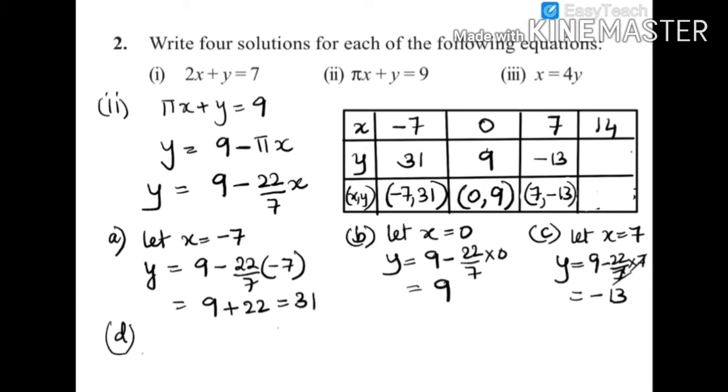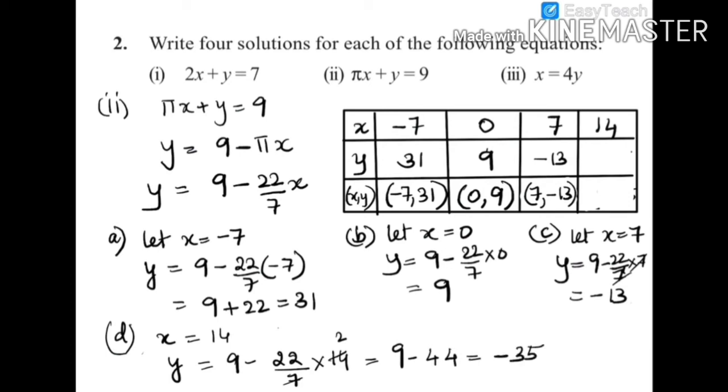Now let's take x as 14. So y will be equal to 9 minus 22 on 7 into 14. That is 9 minus 44, which is equal to minus 35. So the corresponding ordered pair is 14, minus 35.